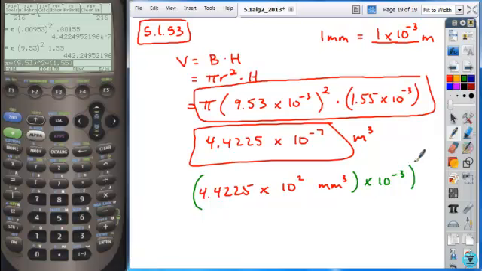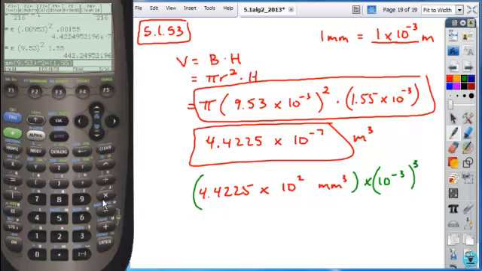So you're going to cube it. So if we took this number right here that we just got and multiplied by 10 to the negative 3 quantity cubed, you'll then get the correct answer.